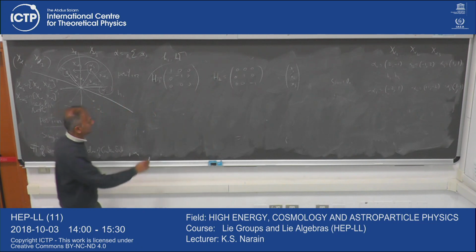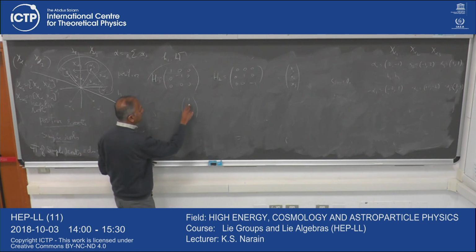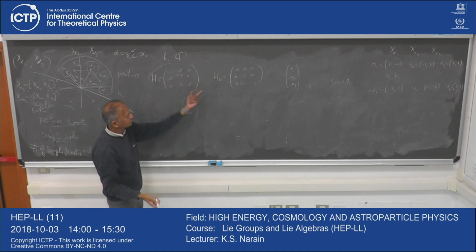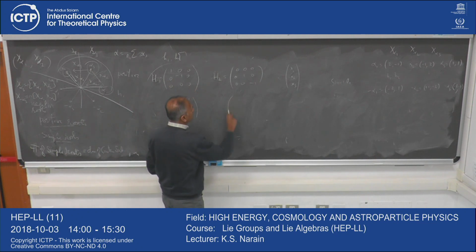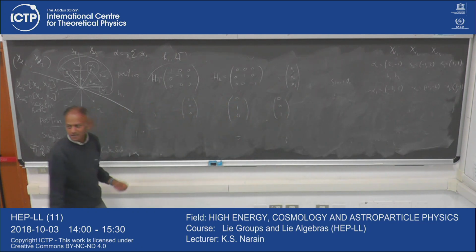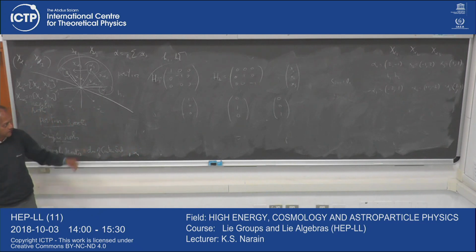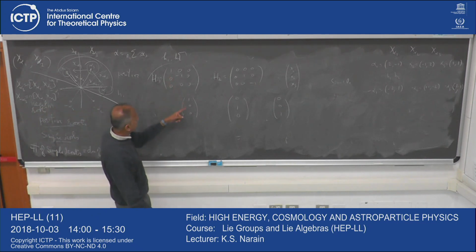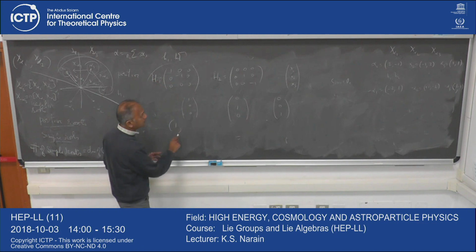The eigenvalues are very clear. I have 3 eigenstates: 1, 0, 0, because these are all diagonal, and another one 0, 1, 0, and another one 0, 0, 1, three independent ones. And then what are the eigenvalues? If I apply H1 on this, I will get 1.